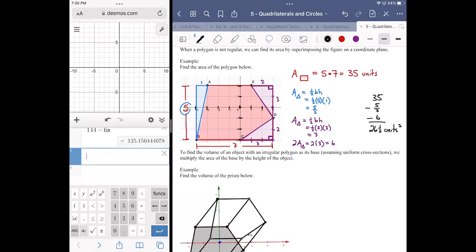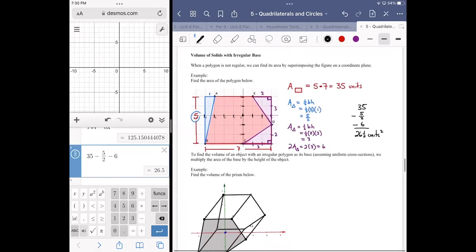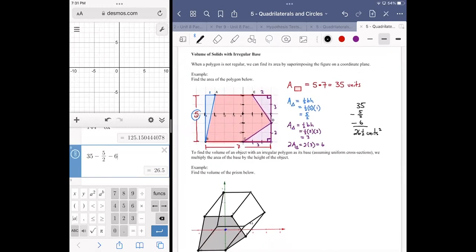Right. Again, 35 minus 5/2 minus 6, 26.5. Right. So you can do it that way. So manually or in your head, the one thing you shouldn't really have to worry about doing is getting a common denominator and things like that. That's not really necessary.